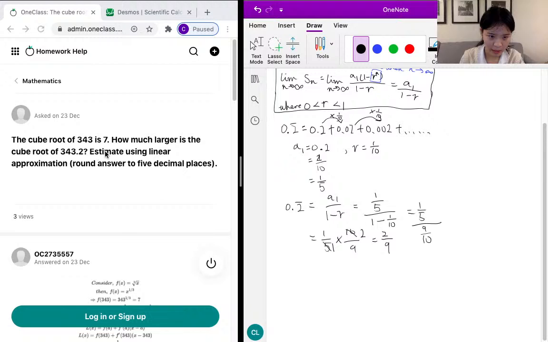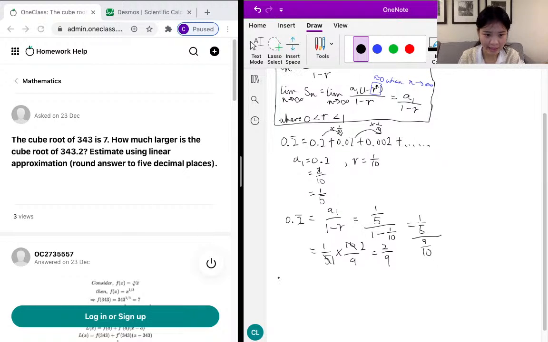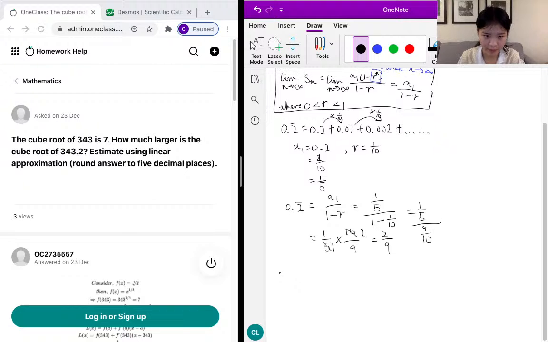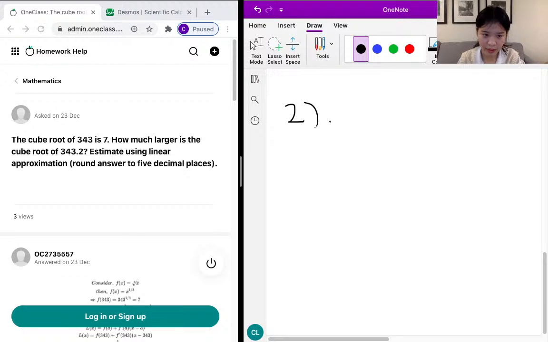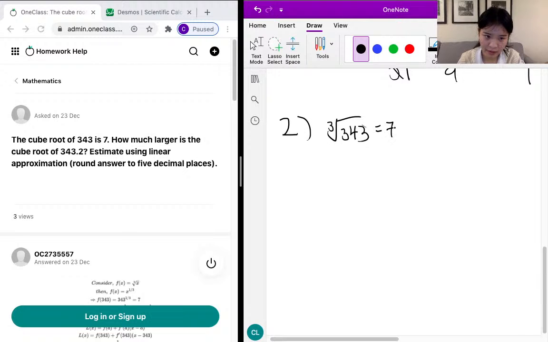It says that we should estimate this using linear approximation and round the answer to 5 decimal places. Okay, so let's do that. Here's our second question. The information given is that the cube root of 343 is 7, and it's asking us for the cube root of 343.2.